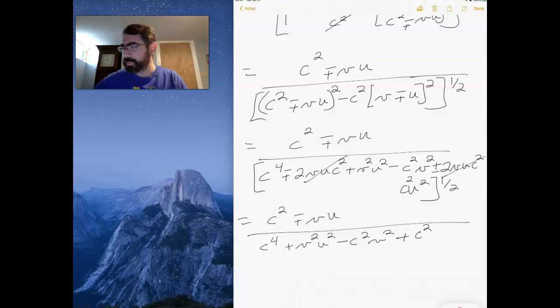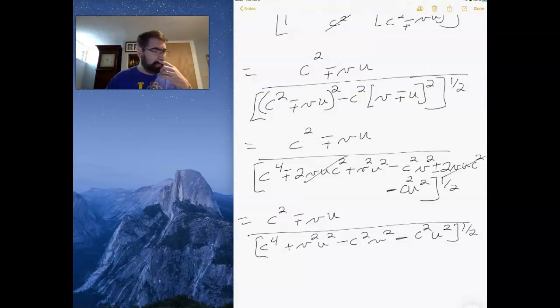be careful, so that's a minus c squared u squared, and then I get a minus c squared u squared, all of that to the square root.